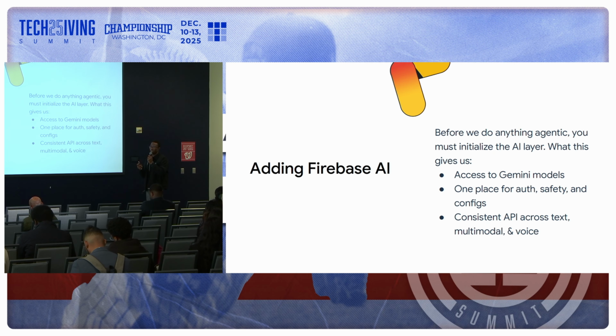So first, for those who don't know how to add Firebase to their apps, it's very important to know that, because in order to use Firebase, you have to add Firebase to your project. And it works in, I would say, a similar way for every single language or framework. So that's very important.